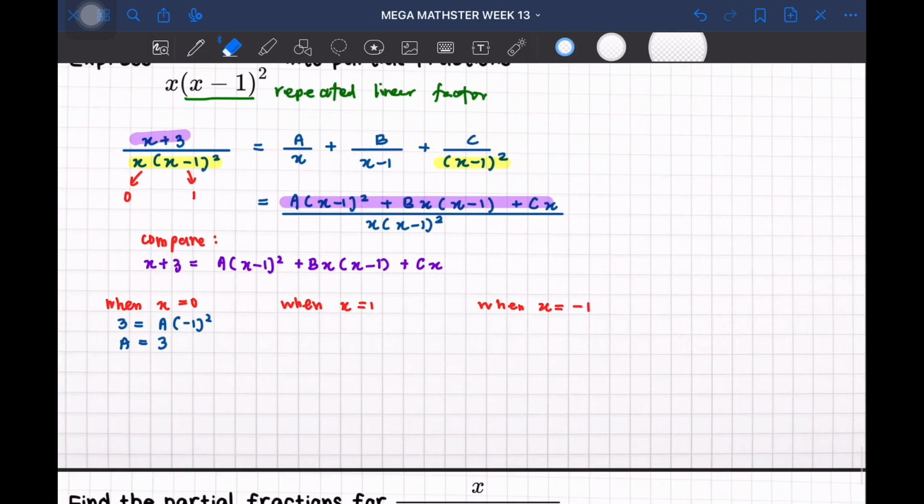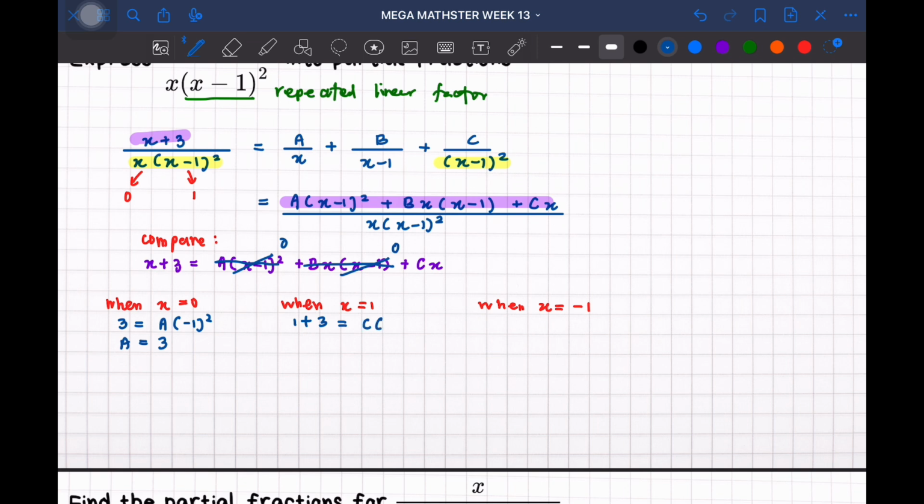Okay, so for the next value x equal to 1, so when x is equal to 1, this will become 0, so this whole thing is 0 as well. And then this is 0, so this whole thing is 0. So we have 1 plus 3 is equal to C times 1. So our C is equal to 4.